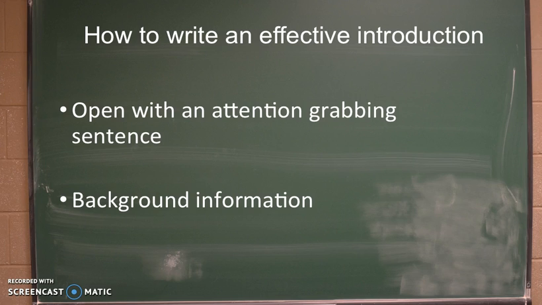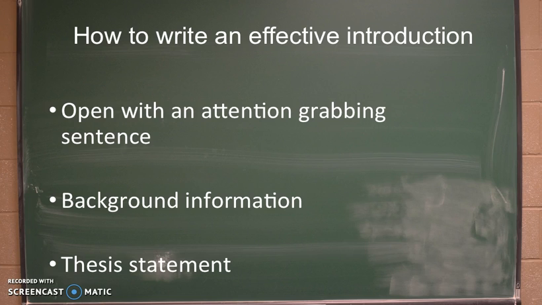So it's usually just a general couple of sentences talking about the general background of the area that you are going to talk about. And then you have something called the thesis statement, which is going to be the sentence that's going to tell the reader what exactly they are going to read in the rest of the essay, and it's more specific to what you are addressing. It's going to sum up the main points of what you are going to be writing about.